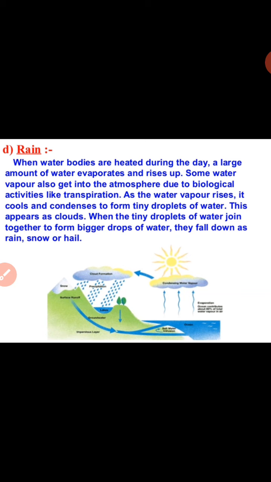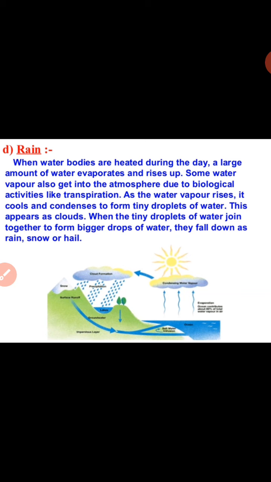As the water vapor rises, it cools and condenses to form tiny droplets of water. In the process of rainwater, the evaporated water rises due to heat and forms the cloud.